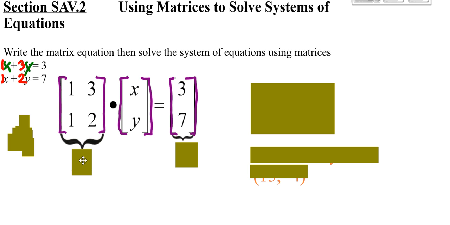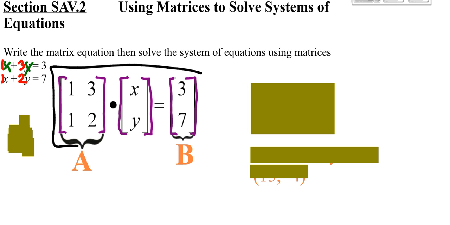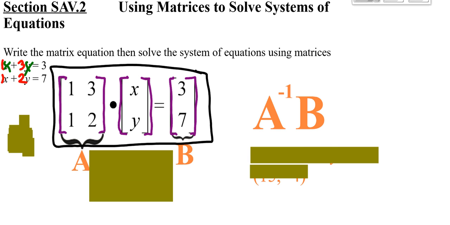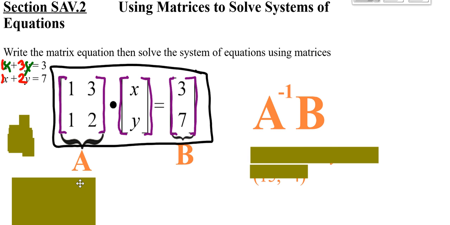This first matrix we're going to call matrix A. The last and third matrix is our matrix B. By the way, this whole thing is referred to as your matrix equation. Now to solve a matrix equation, we need to go A inverse B on our calculator.